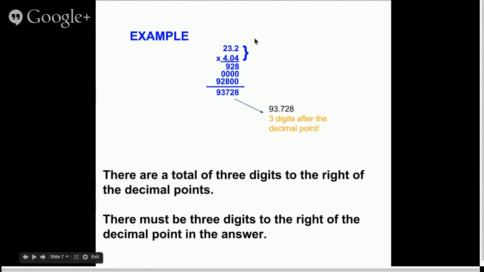All right, so again, ignore the decimal points. Do 232 times 404. You get 93,728. But then there are 1, 2, 3 digits after the decimal point. So you need to put 3 digits after the decimal point, even if it's a 0. Okay?